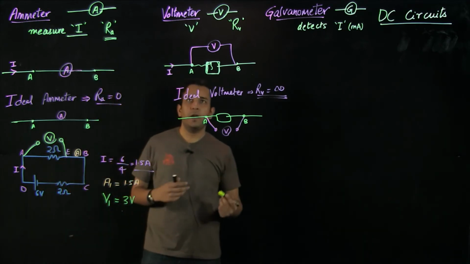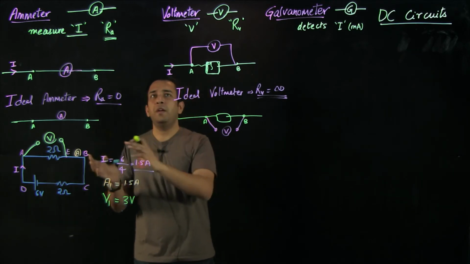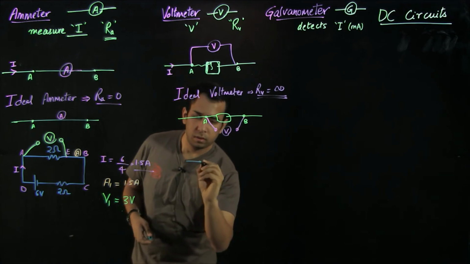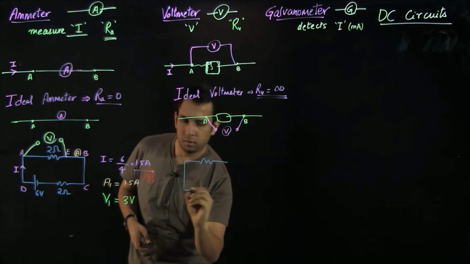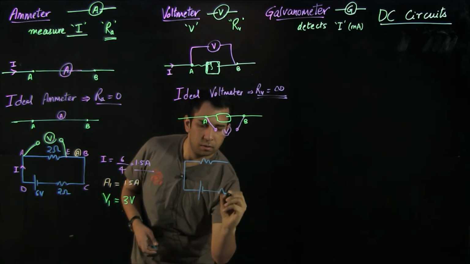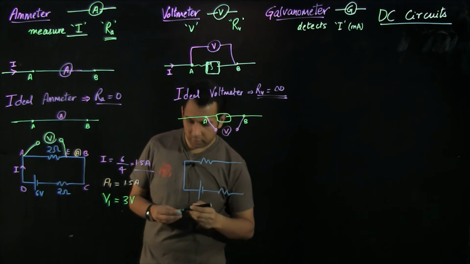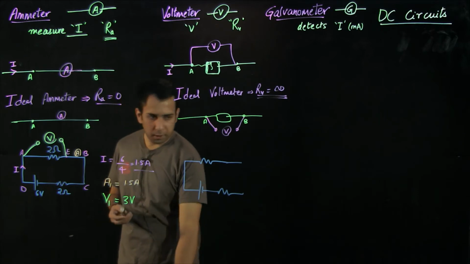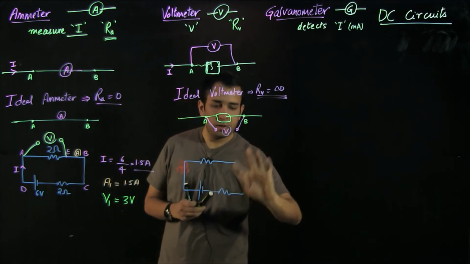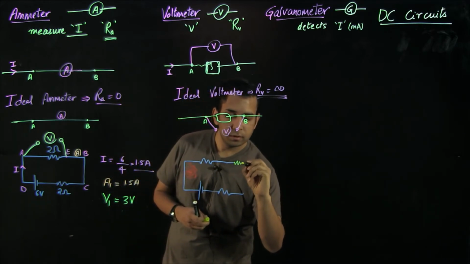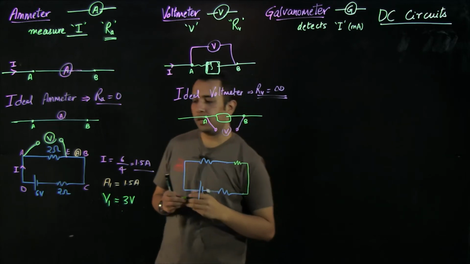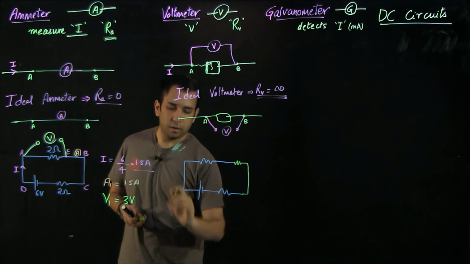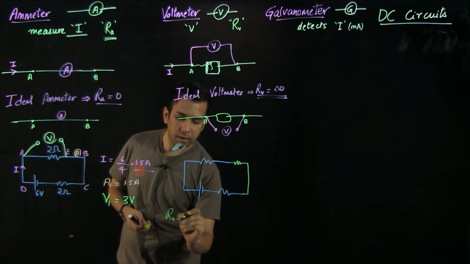Now let us consider a second case in which the ammeter and voltmeter are not ideal. So in this case, if I am putting my ammeter at the same location between E and B, then it would introduce some resistance, and let's say I have been given that the RA, or the resistance of the ammeter, is 2 ohms.